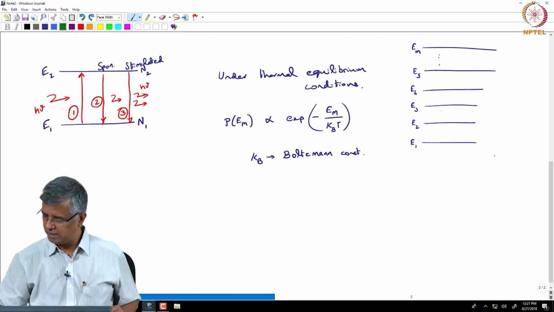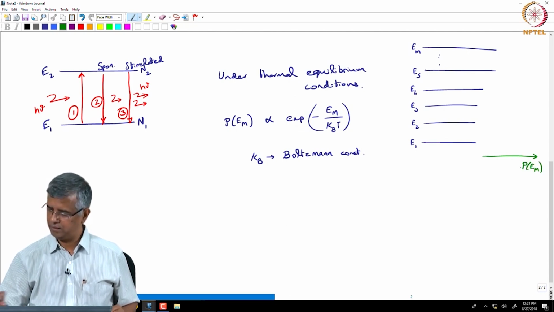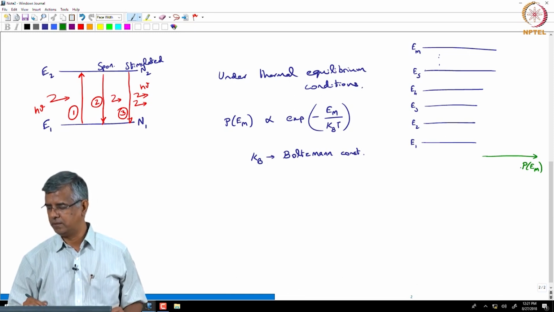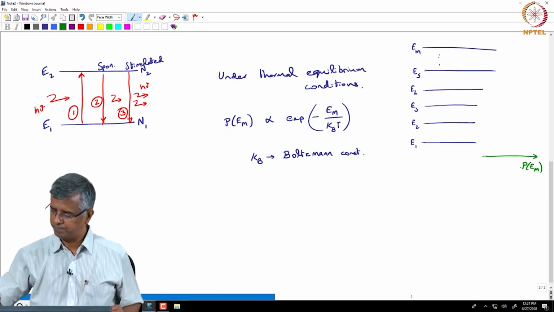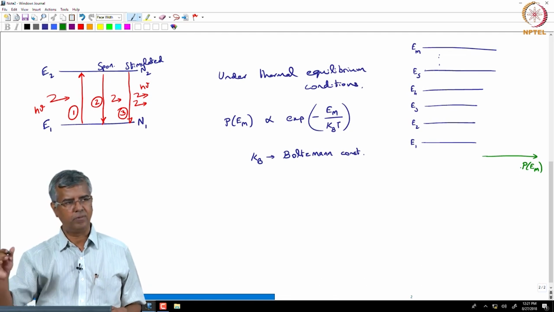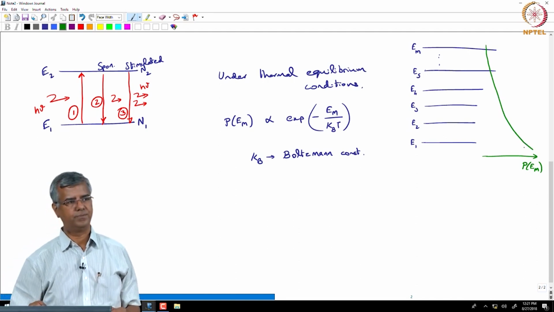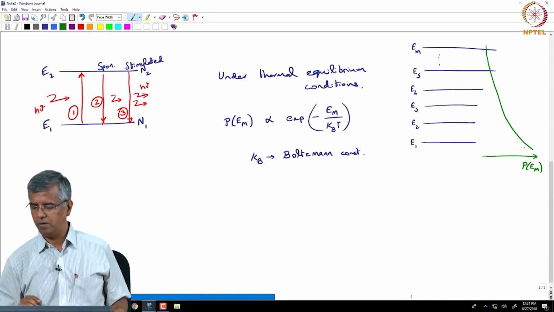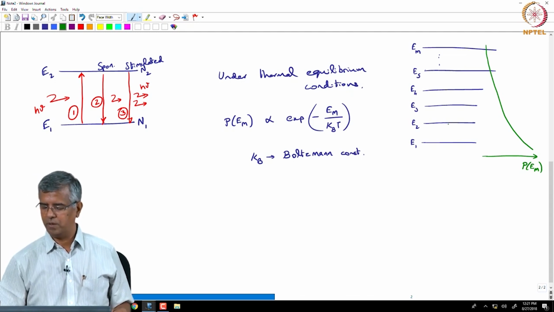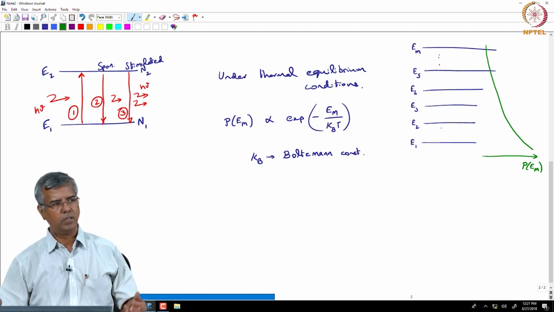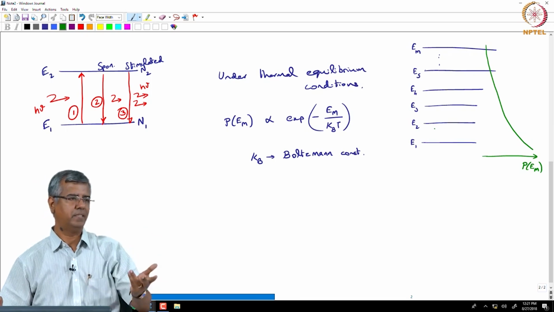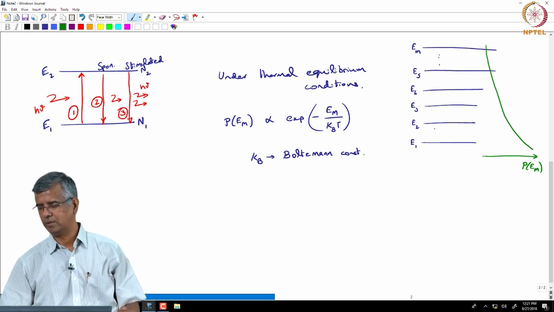So, what it says is if I am plotting the probability of finding an electron at an energy level Em, where M could be anything from 1 to whatever, that probability will be an exponential, okay. So, you have probability being higher for lower energy levels than higher energy levels, okay.